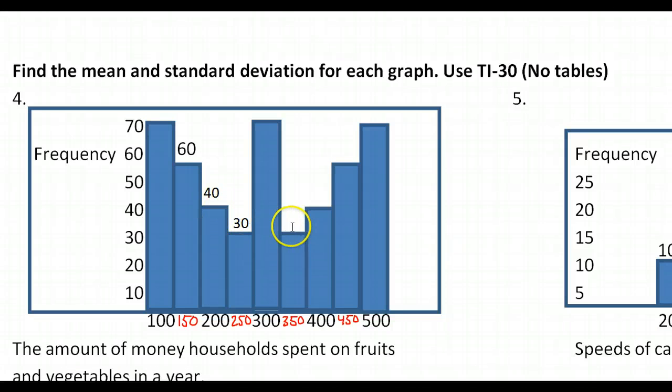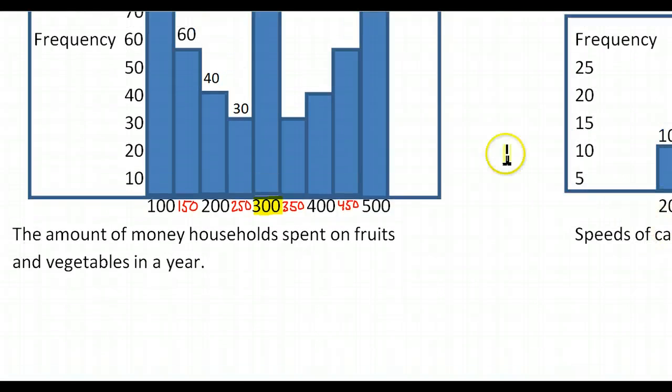So I know if this is 30, that's 30, 40, 60, 70. By the way, when you have a nice balanced picture like this, we have a middle, and the left side and the right side are symmetric, then the mean is always going to be that middle number. So guess what? The mean is going to be 300. We know that right now without doing any calculations.